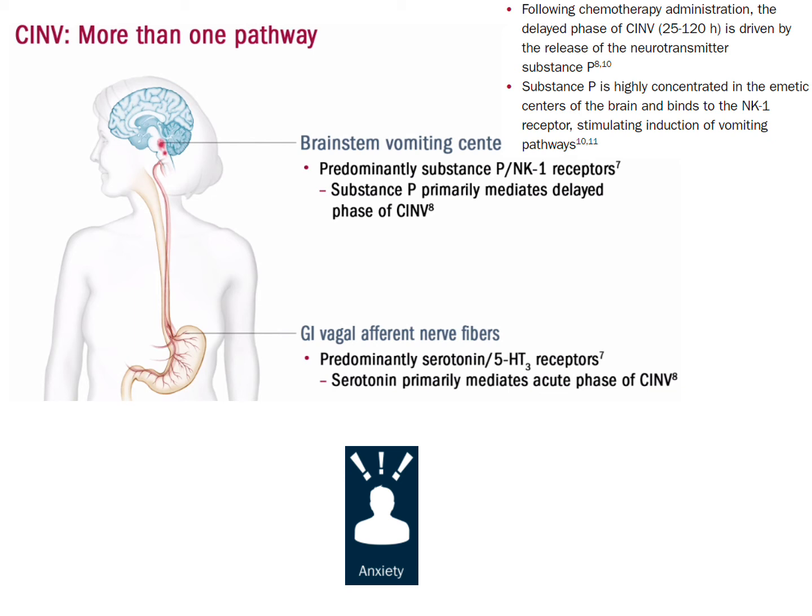The delayed phase is after a day and so on, where you can have another round of vomiting sensation. This makes the patient quite unwell, because it's one of the main complaints from chemotherapy. But nowadays, thank goodness, we have better regimens for managing CINV.